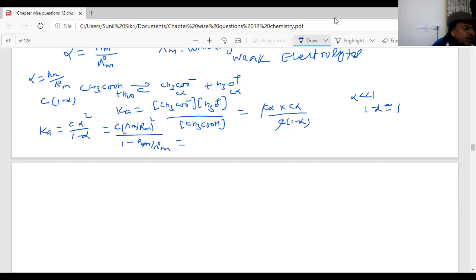You can simplify this and take the LCM, and you will get C lambda m square over lambda 0 m times (lambda 0 m minus lambda m).